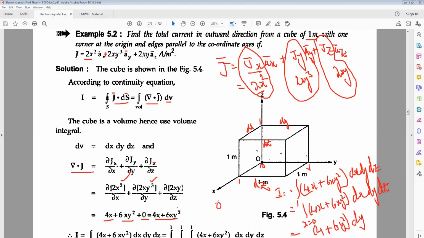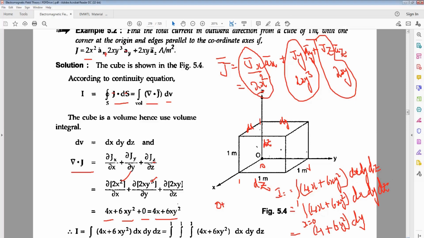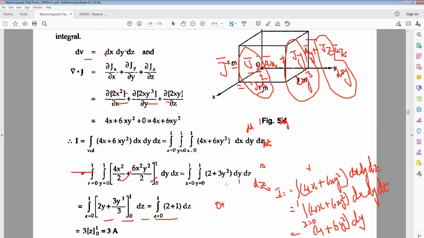Integrating 4x gives 4x² by 2, and 6xy² gives 6x²y² by 2. Apply the limits 0 and 1. Another integral is there, the dy and the dz.